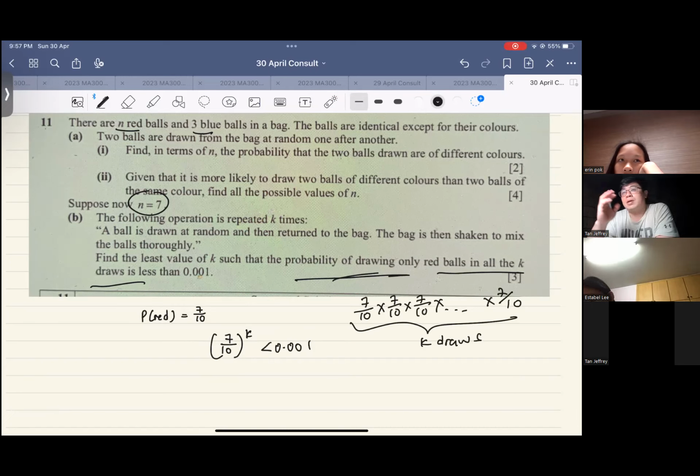It's to the power of K because I'm multiplying by itself K number of times. Every time you have this kind of repeated draws, you just make it to the power. Correct. You see this a lot in topic 7. This question is rather important.